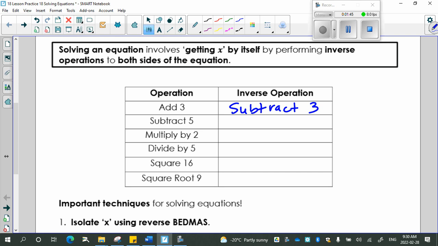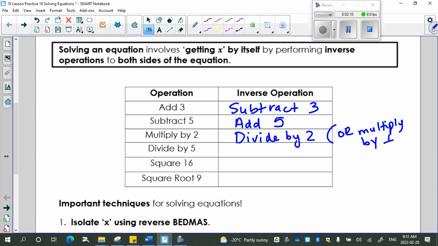Opposite of subtract 5? Charlie? Add 5. Opposite of multiply by 2. Divide by 2. And here's what I want you to think of: or multiply by a half.